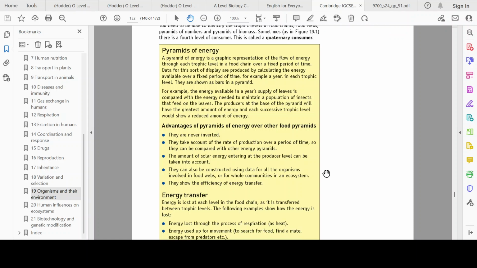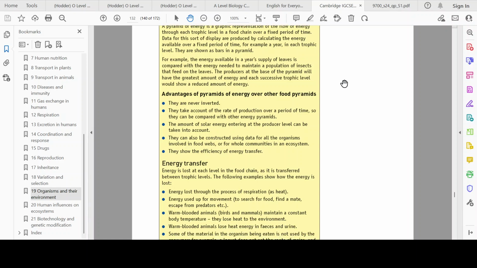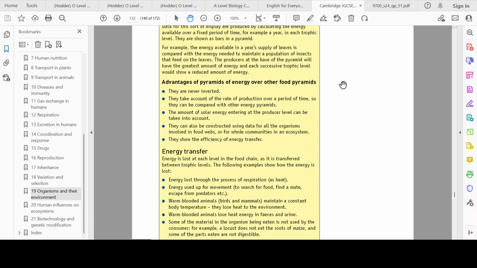Then there's a third type of pyramid, and that is the pyramid of energy. It's a graphical representation of the flow of energy through each trophic level, and it also normally ends up as a regular pyramid. For this you need to calculate the energy over a fixed period of time, and normally they do it over a year.